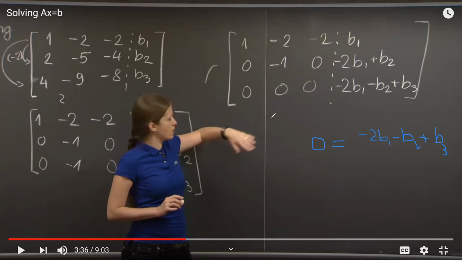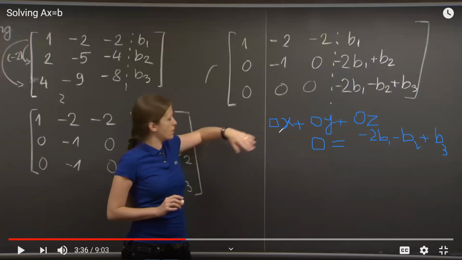Actually, it came from this whole operation, which was 0 times this x plus 0 times this y plus 0 times z.